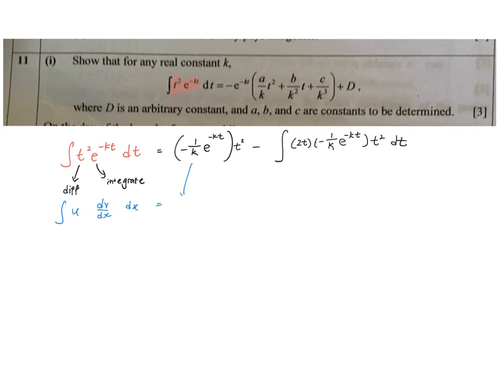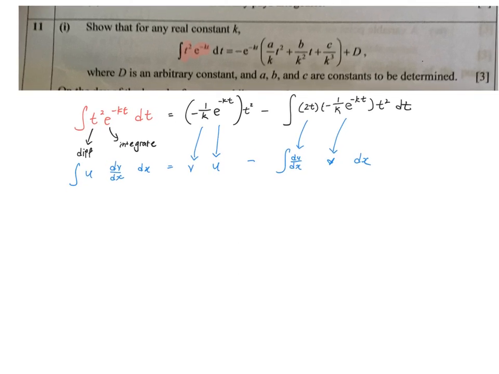This part will be our v, when we integrate. Then this one will be my u, minus the integral of du/dx times v dx. That is the essence of integration by parts, which I will not go through in detail. So I'm going to go back to this formula here.